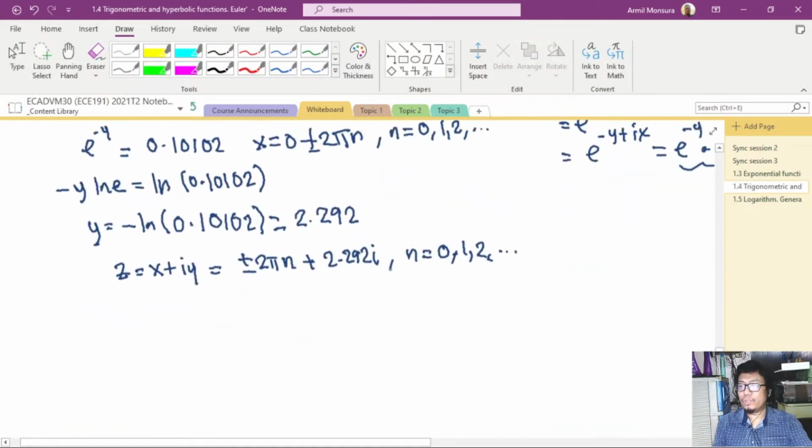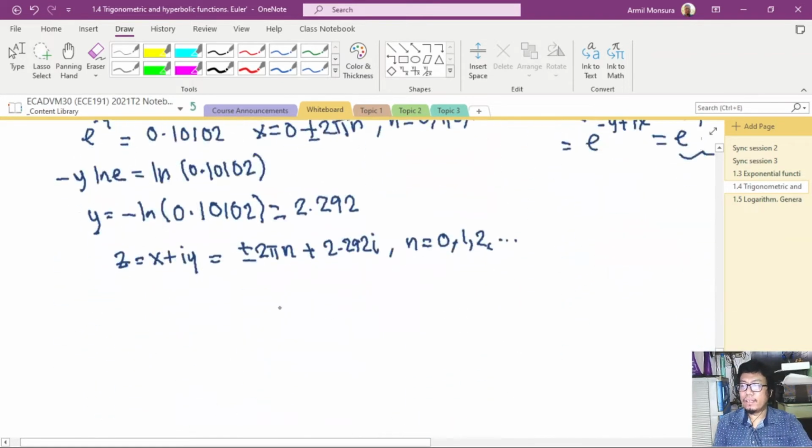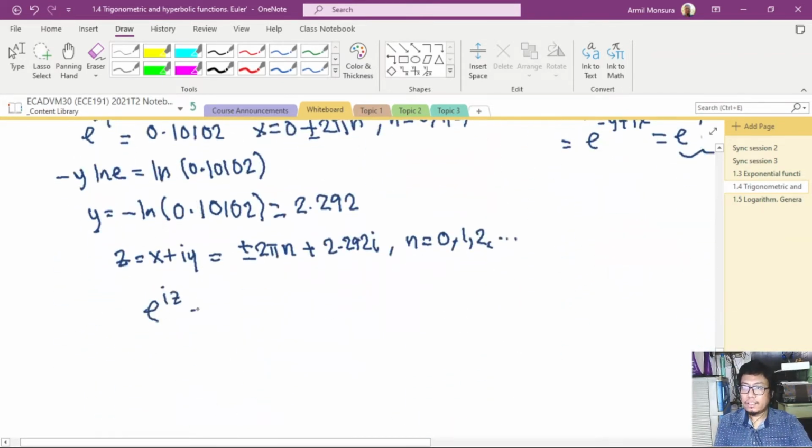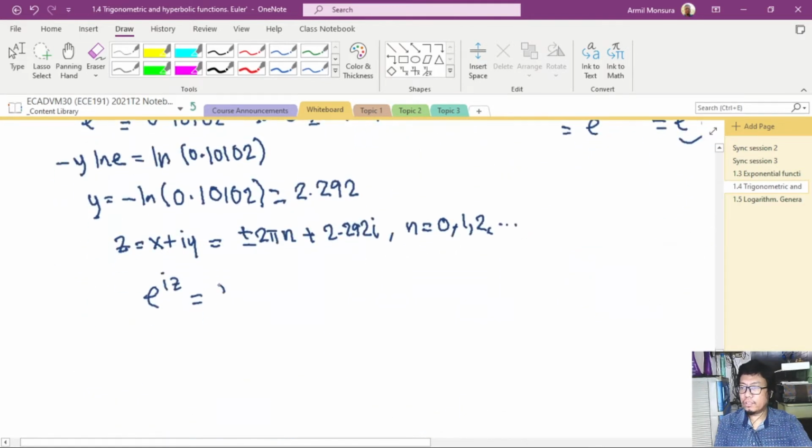Again, we say that e raised to iz equals 9.898998. Take note that e raised to iz is e raised to negative y times e raised to ix, which is equal to 9.89898.